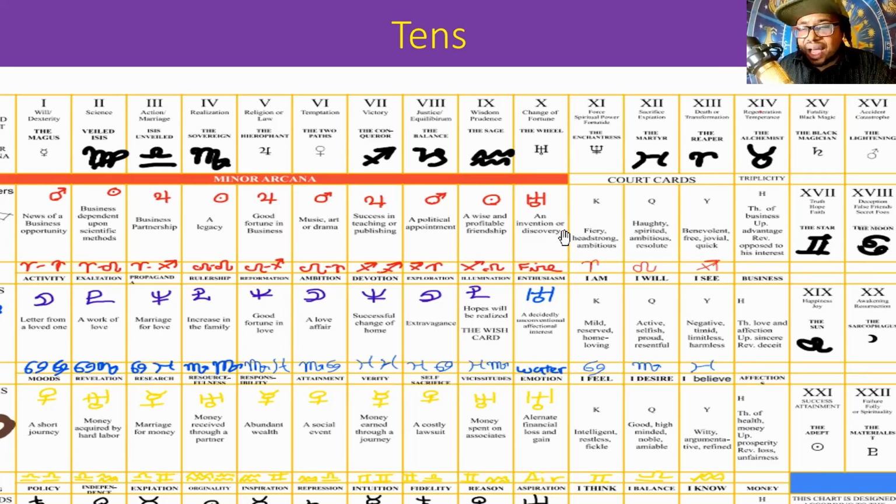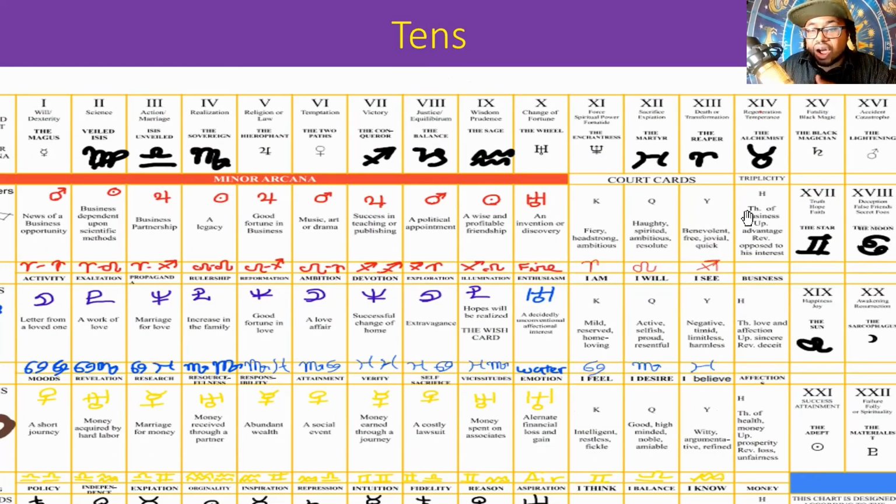All right, so now we have the court cards. In the court cards, we are dealing with what would be called the king, the queen, and the youth. You got the horsemen, but we'll deal with that in a second. And that's in each one of the suits.